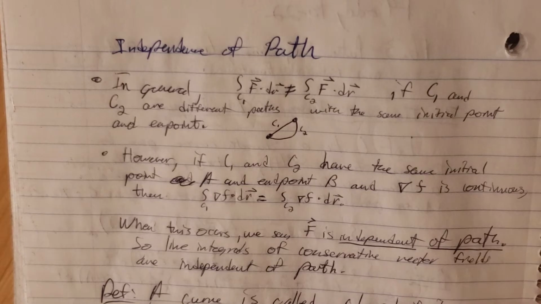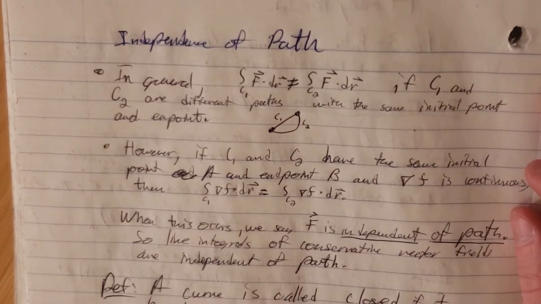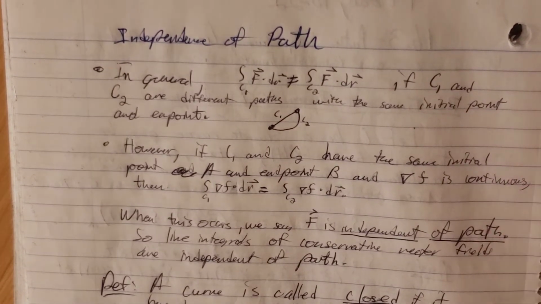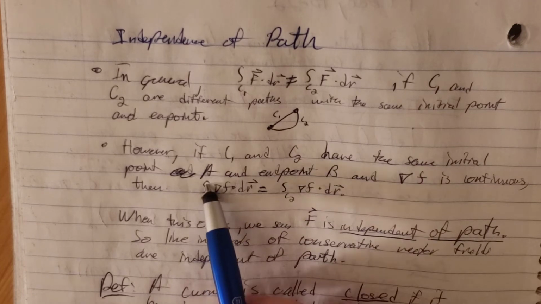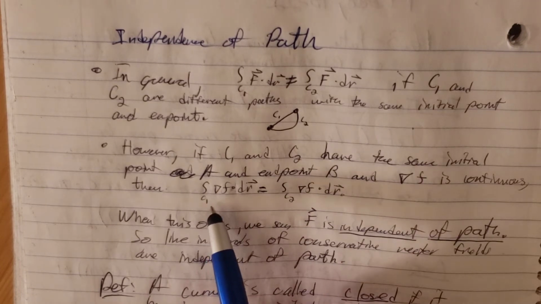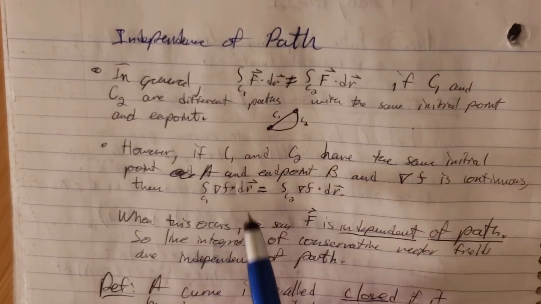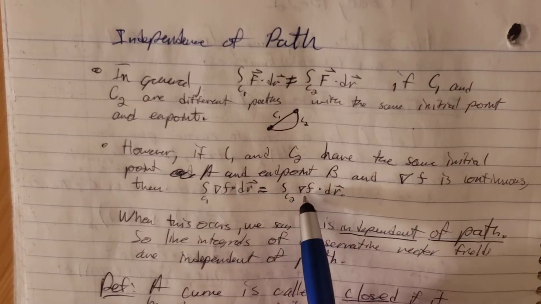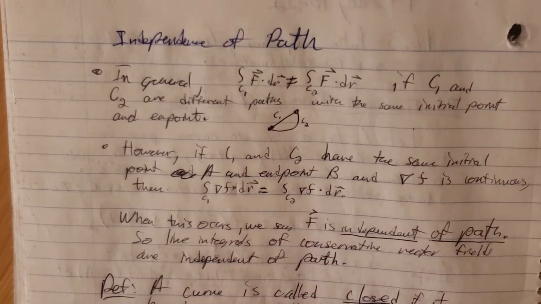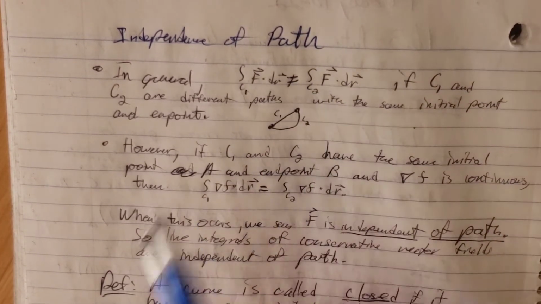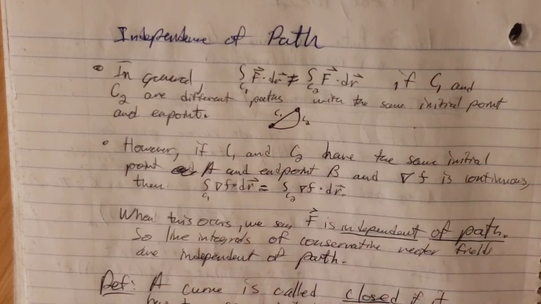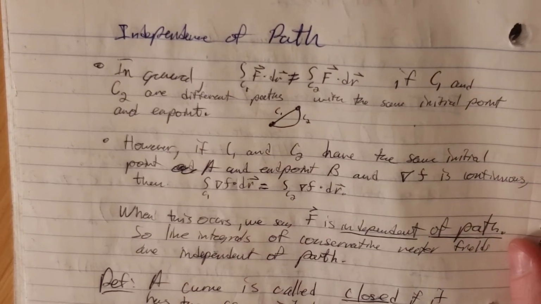But again, in the previous video, we noticed that the fundamental theorem of line integrals said that these are equal, that the line integral over C1 of the gradient of f dot dr is equal to the line integral over C2 of the gradient of f dot dr. But what were the conditions? In general, it is not true that they're equal. However, under certain conditions, it is true.